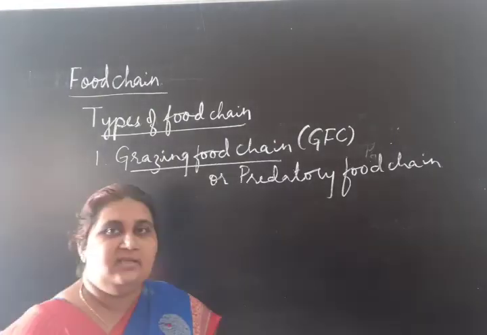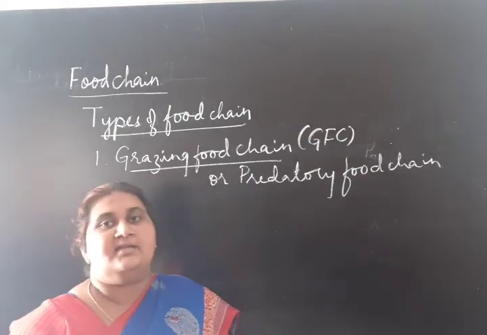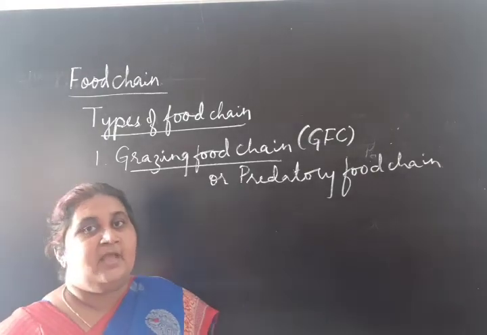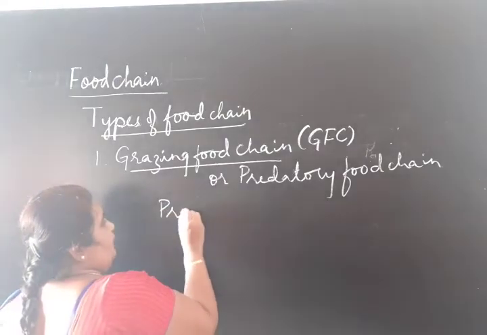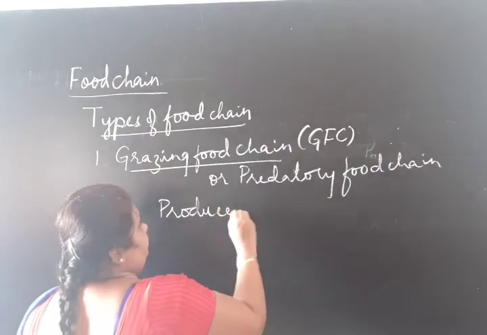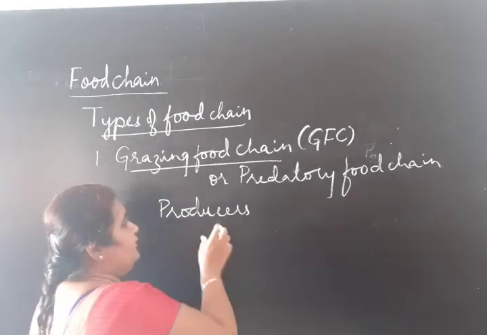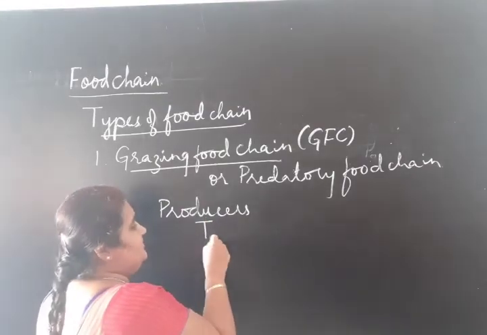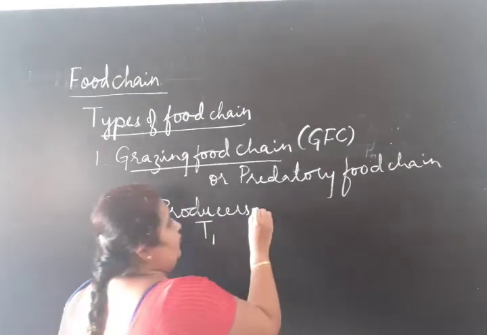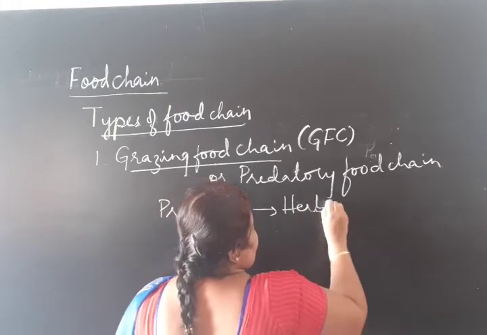It includes producers, consumers as well as decomposers. It always begins with producers. Energy flow starts from producers. The first trophic level should be the plants, and the second trophic level should be the herbivores.